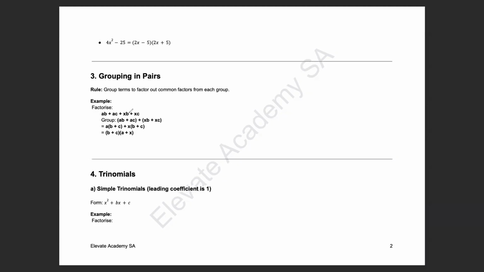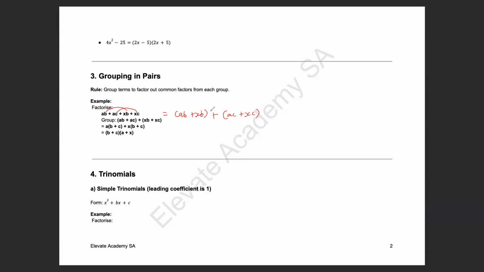So let us group it the alternate way and see what we get. Now we're going to group AB and XB, and we're going to group AC and XC. So that's going to equal AB plus XB plus AC plus XC.